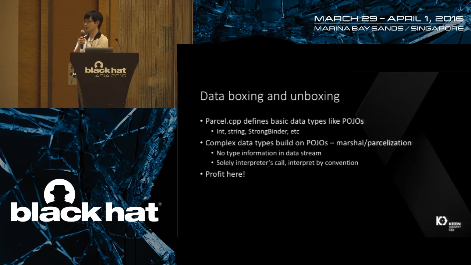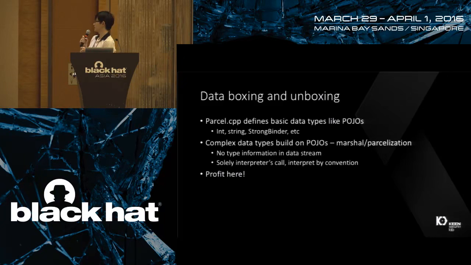Also, we will have a question here: besides passing primitive data types like integer, string, long, or float, how do they pass complex data types? Here we will introduce a concept called data boxing and unboxing.